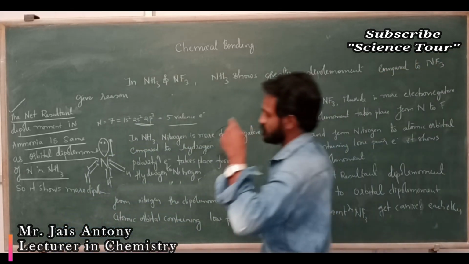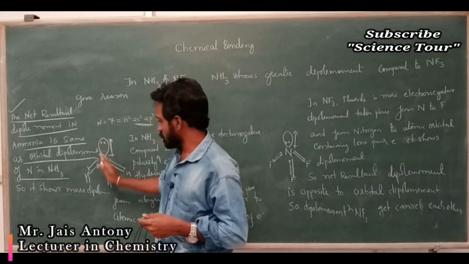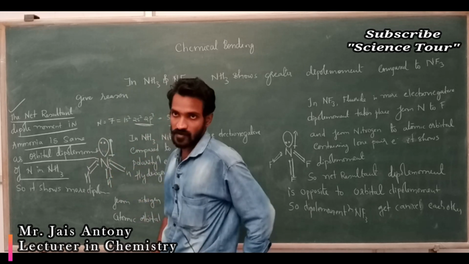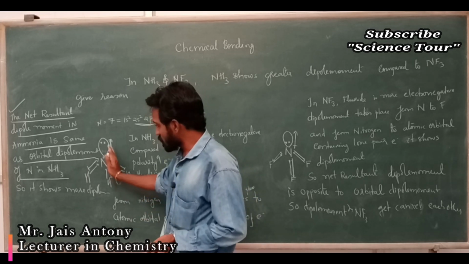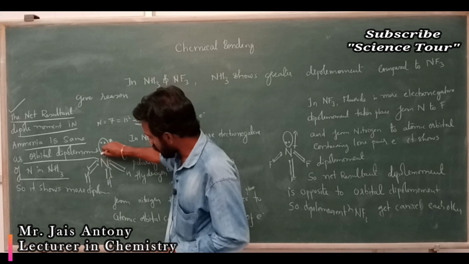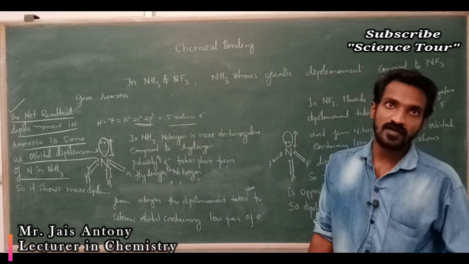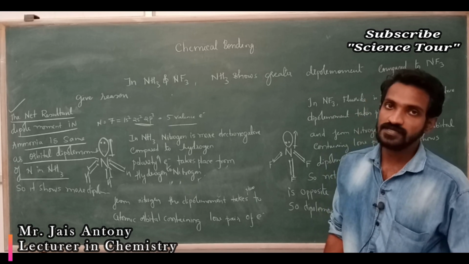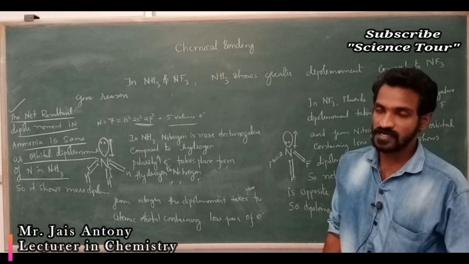The important concept is this: see, all the dipole moments go from hydrogen to nitrogen, hydrogen to nitrogen, hydrogen to nitrogen, and all these electrons move towards the atomic orbital containing the lone pair of electrons. So all the dipole moments are in the same direction as that of the lone pair orbital.